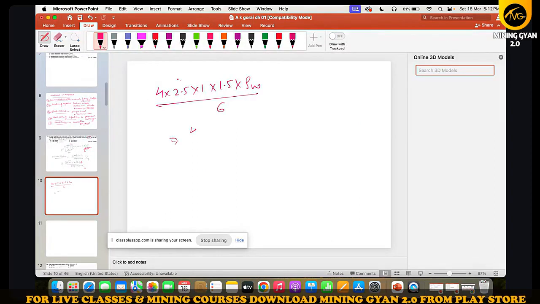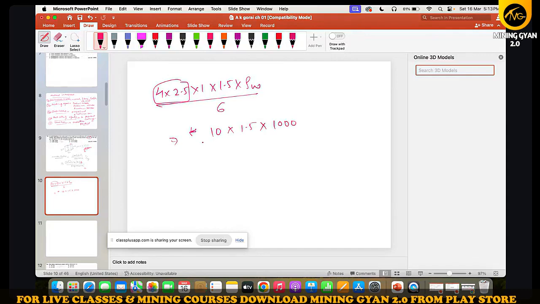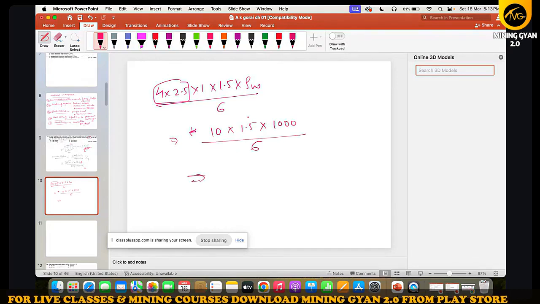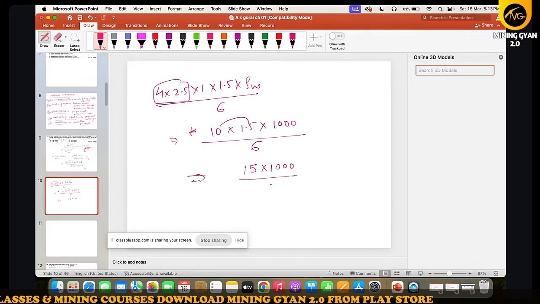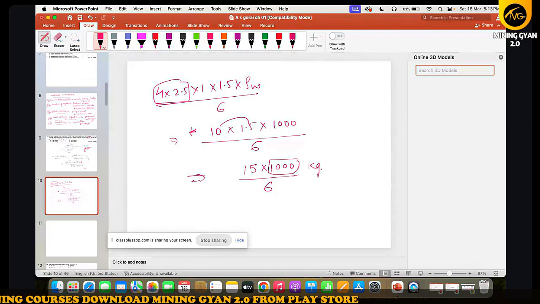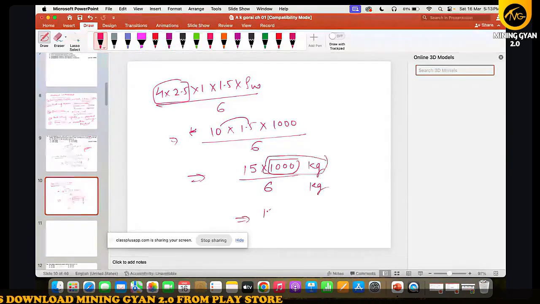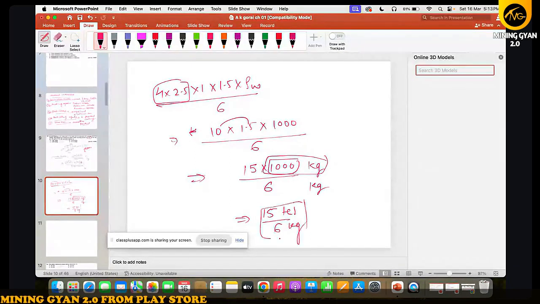So when we multiply, it will come to 10, 1.5, and the density of water is 1000 by 6. So when we multiply, this is 15 into 1000 divided by 6. So it is kg by kg. So to convert it, write it in ton. So 15 ton by 6 kg. So divide by 2.5 ton by kg.